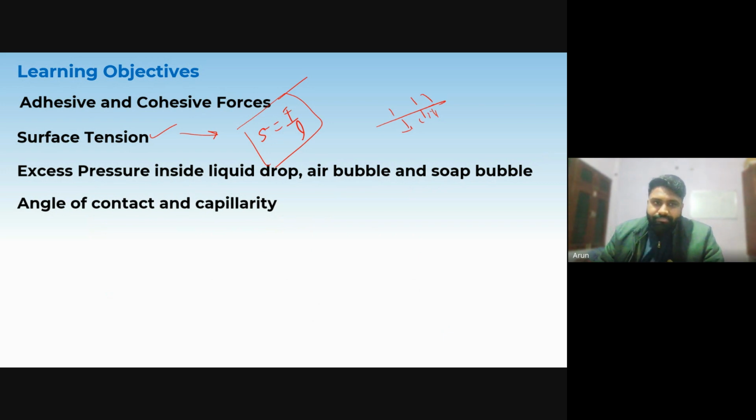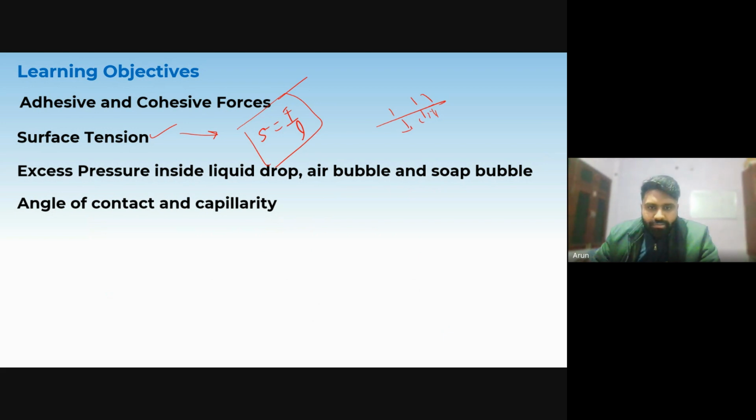Got it? Now, what are adhesive forces? Adhesive forces are those forces which act between different molecules, and it is a kind of intermolecular force of attraction. Cohesive forces are those forces which act between the same kind of molecules. Okay, so these are also intermolecular forces of attraction, but acting between the same molecules.